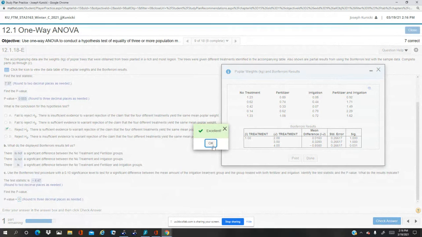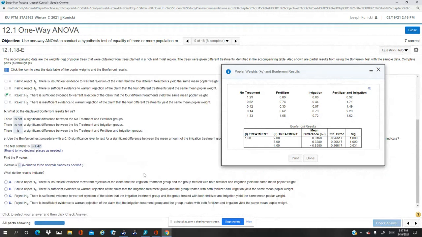Okay, now, that's a tough question. If that comes up on a test, I probably will be much more lenient. So what do the results indicate? Reject. There's sufficient evidence to warrant rejection of the claim.